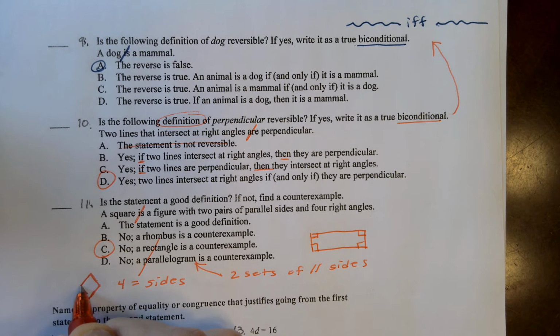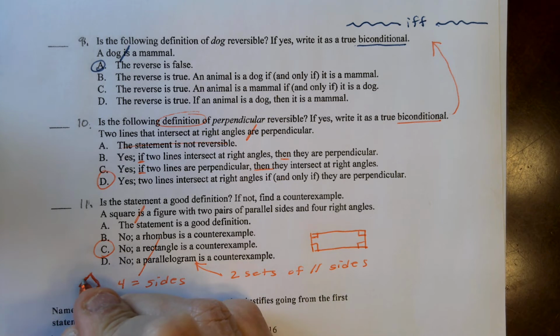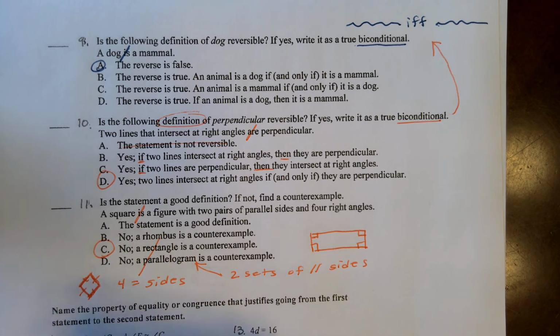A kite has different sides. Something like that, where these sides are all the same, but it's not necessarily 90 degrees. And of course, a parallelogram has parallel sides, but not necessarily 90 degrees. They have the two sets of parallel sides. So this is parallel, and this is parallel.